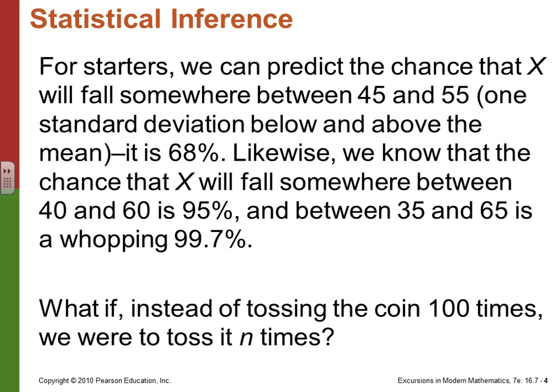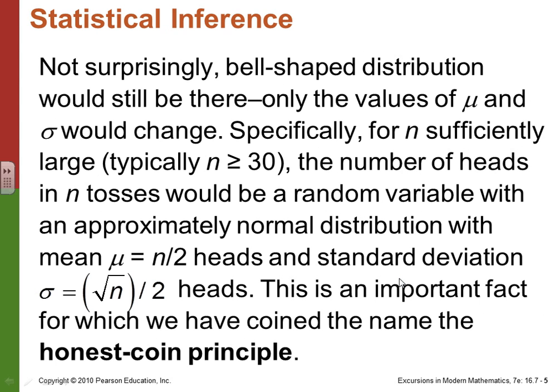Okay, that's fine. What if, instead of tossing the coin 100 times, we toss it n times? Not surprisingly, the bell-shaped distribution will still be there, only the values of mu and the standard deviation change.